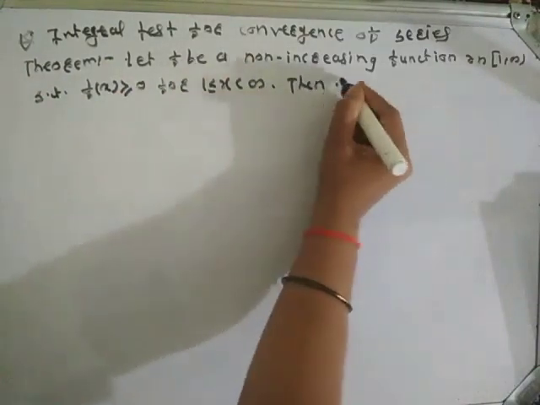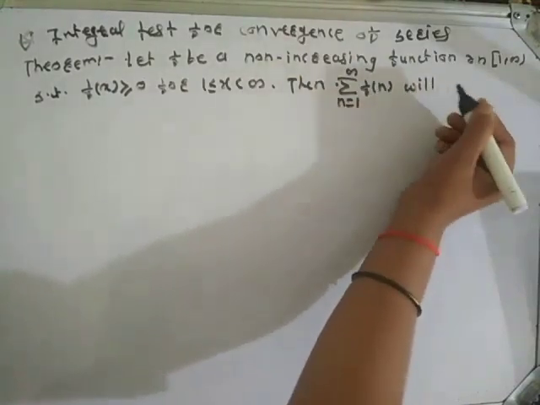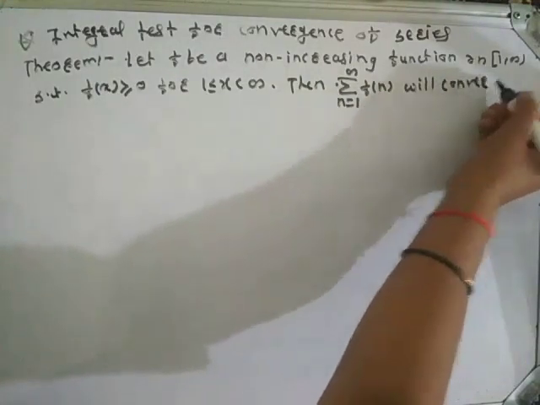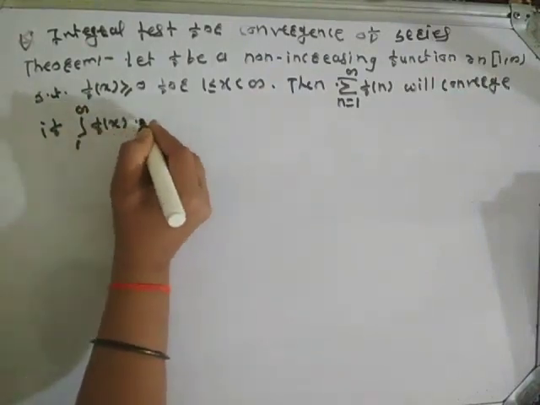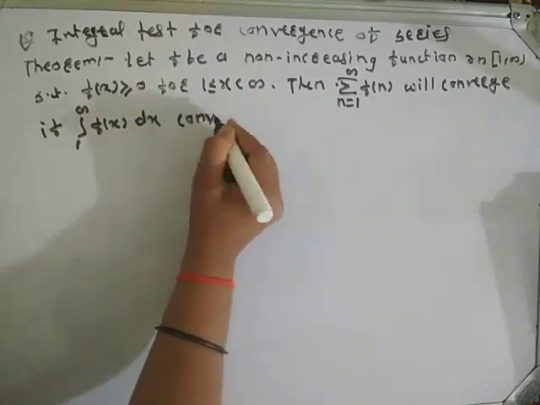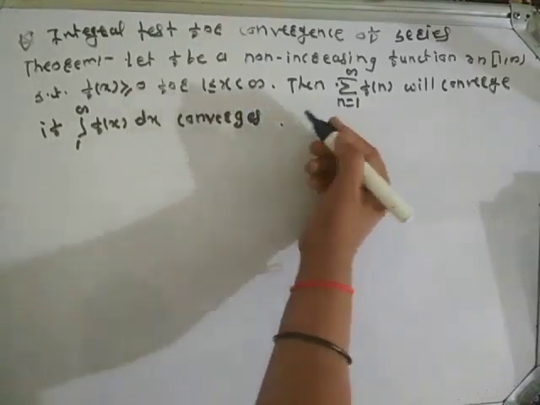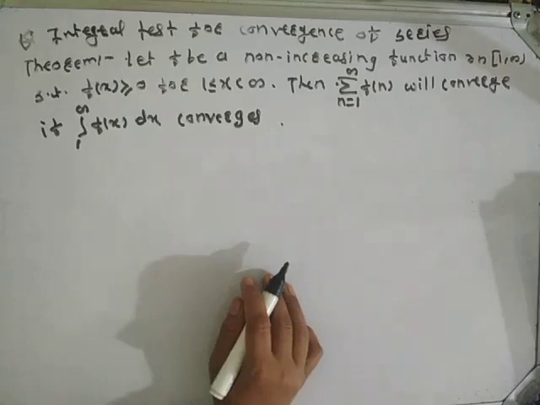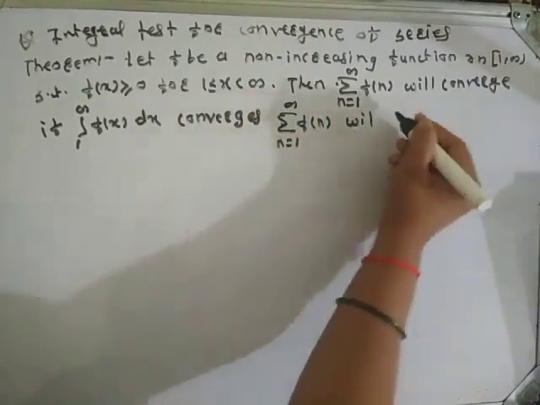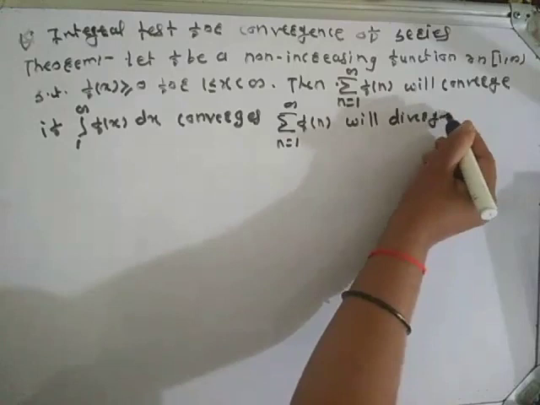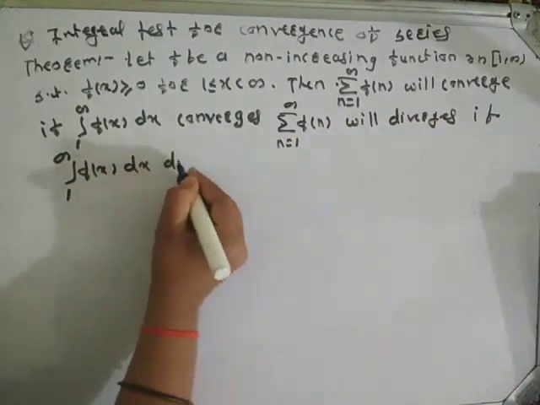Then series n runs from 1 to infinity f of n will converge if integration from 1 to infinity f of x dx converges, and series n runs from 1 to infinity f of n will diverge if integration from 1 to infinity f of x dx diverges.